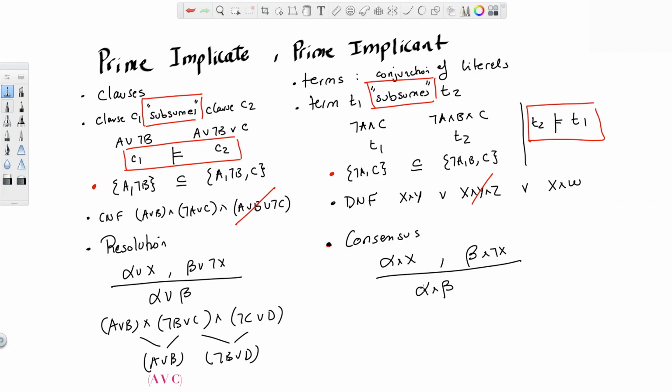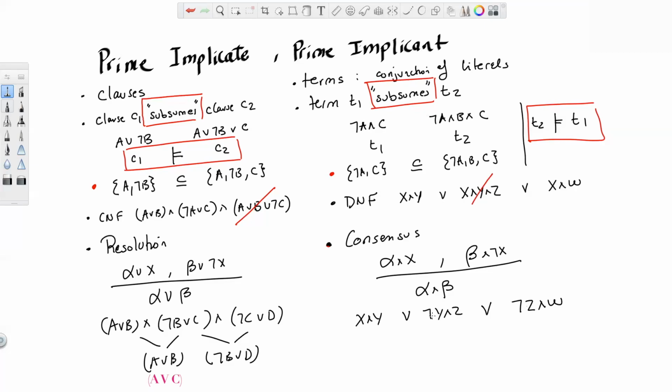All right. You can think of it as an inference rule that allows you to add more terms to a DNF without changing its content. So if I had the following: X and Y, or not Y and Z, or not Z and W, that's my DNF, then I can now go ahead and do consensus in this particular case.